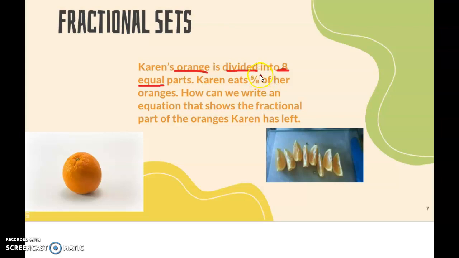We also know that she eats 5/8 of her oranges. And so we're trying to find the equation that represents what she has left, not what she ate. See, I'm glad I went back to reread it. It says the fractional part of what she has left. What does that mean? Well, how many oranges does she have remaining after she's already eaten 5/8 of it?